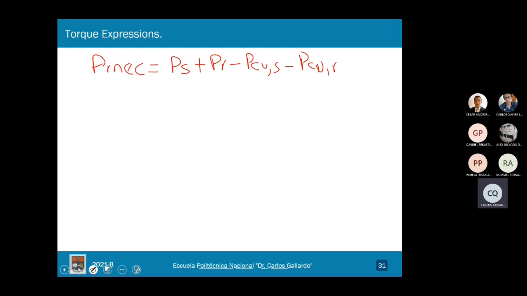We have already demonstrated the stator active power.